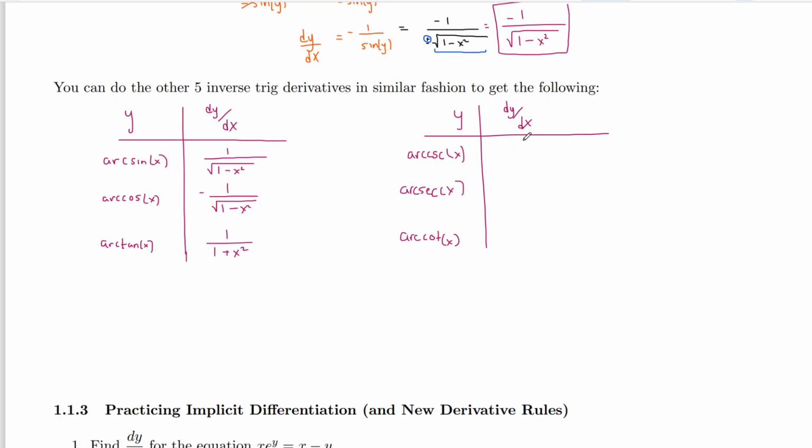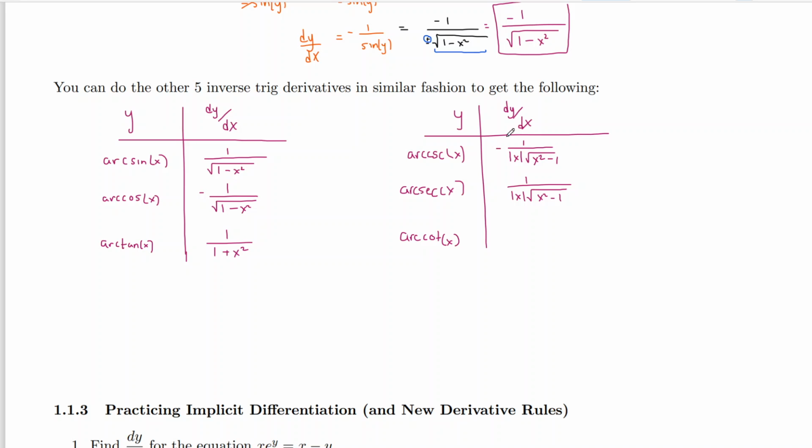The way they look, you get 1 over the absolute value of x times the square root of x squared minus 1. And arcsecant looks the same, sort of like how arcsine and arccosine's derivatives look the same. The difference is one of them gets a negative, but it's actually the opposite one this time.